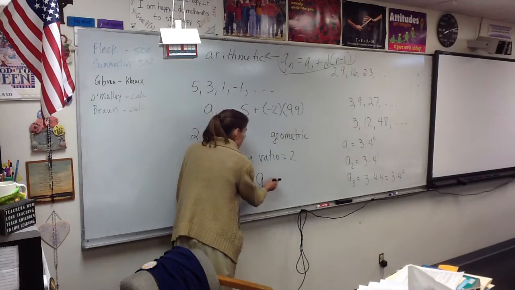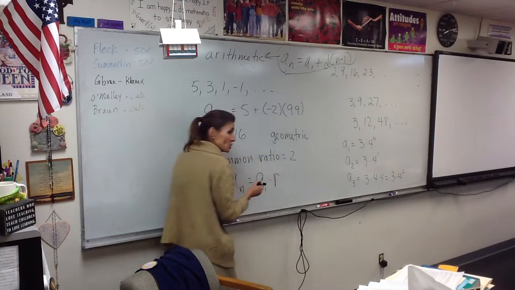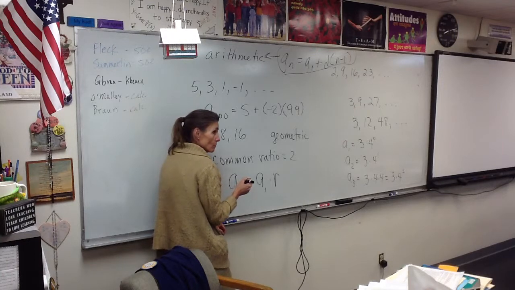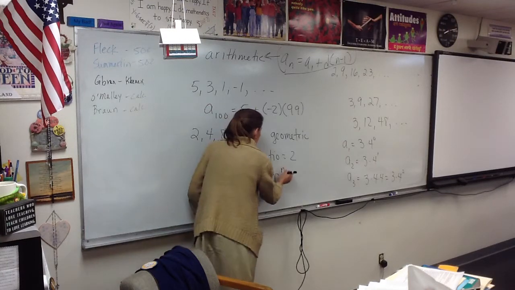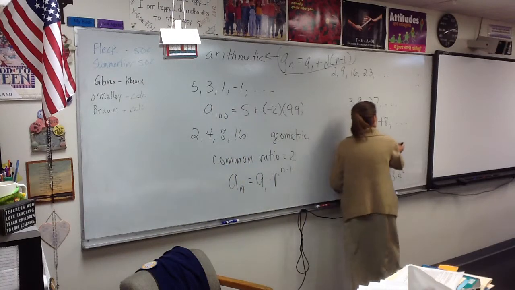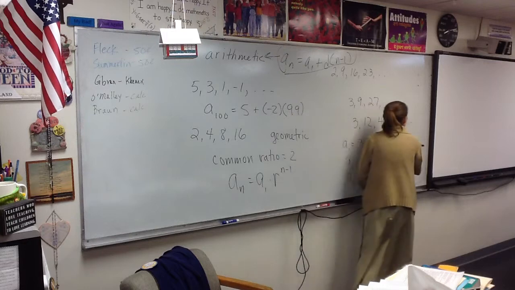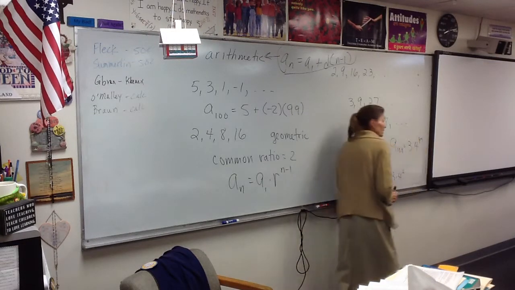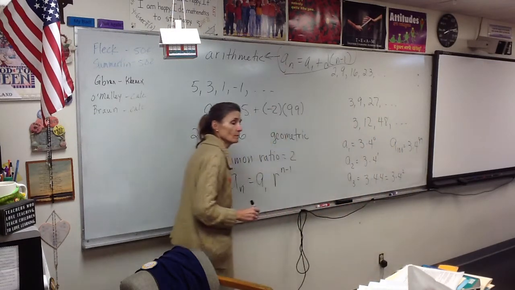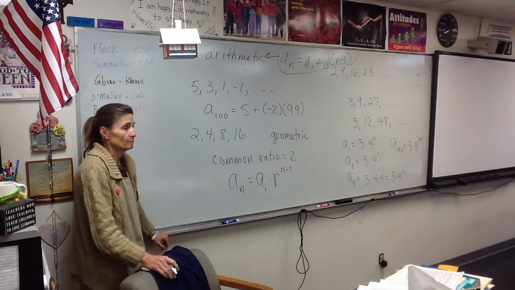The first term times the ratio to the n minus first. Very good, Maggie. That's exactly right. In our sequence, the 100th term would be 3 times 4 to the 99, wouldn't it? So this is your sequence.